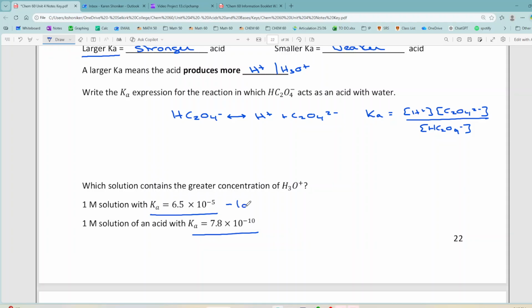This is a larger value, which means the acid was stronger, so it dissociated into a greater concentration of hydronium ions. Right? The larger it is, the more products you have, the more that acid dissociated.